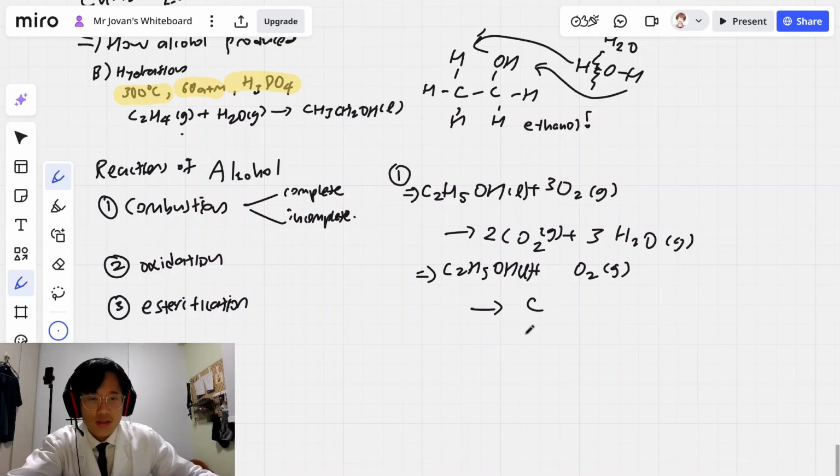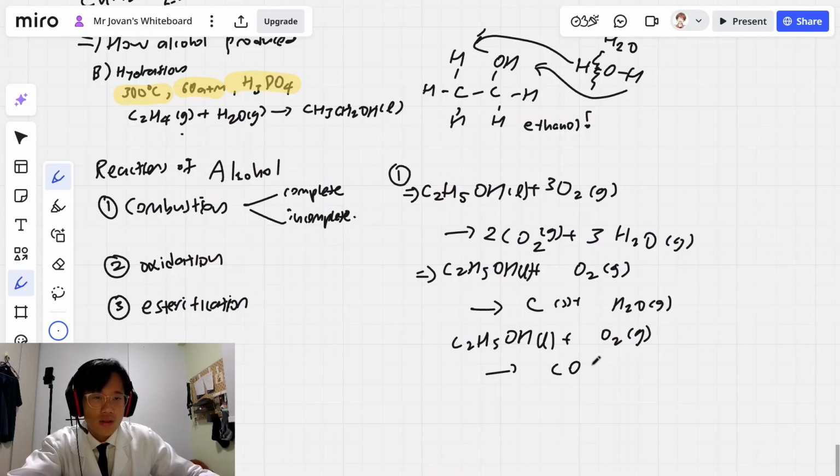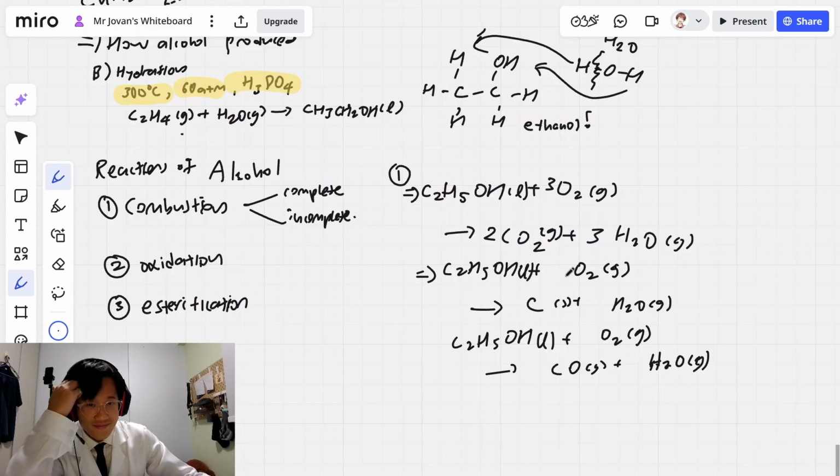Let's continue. So C2H5OH liquid plus O2 gas gives CO and H2O. Remember, H2O is a gas because it's so hot that all the water evaporates. So all you have to do is balance it.